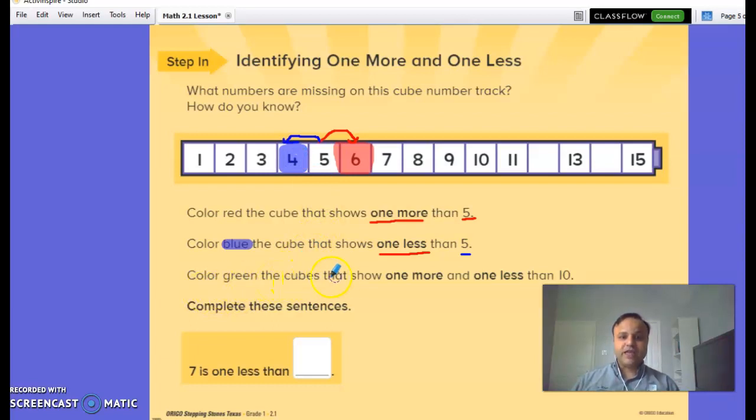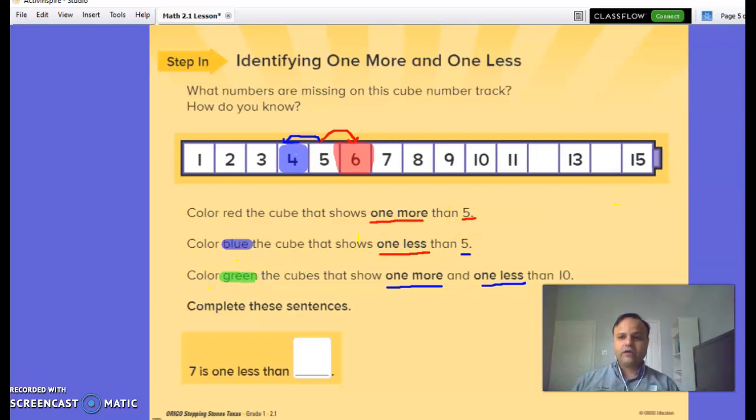Now, they say color green the cubes that show one more and one less than 10. So now it's green. So I'm going to get the green. And they say one more and one less. So for that, I'm going to get my color green, and I go in here, and I'm going to color this one green.